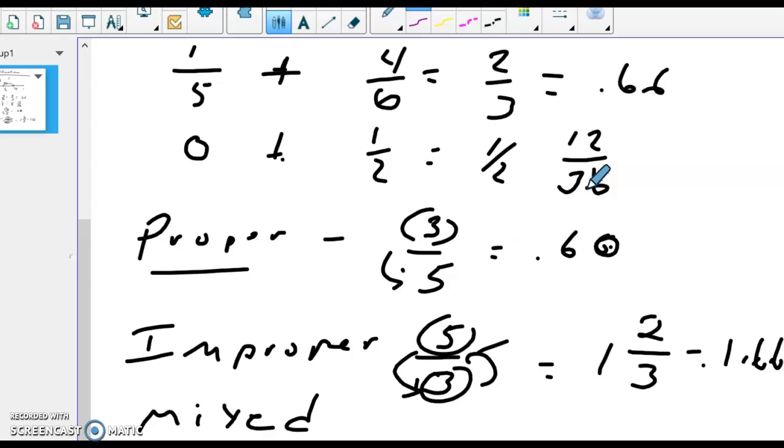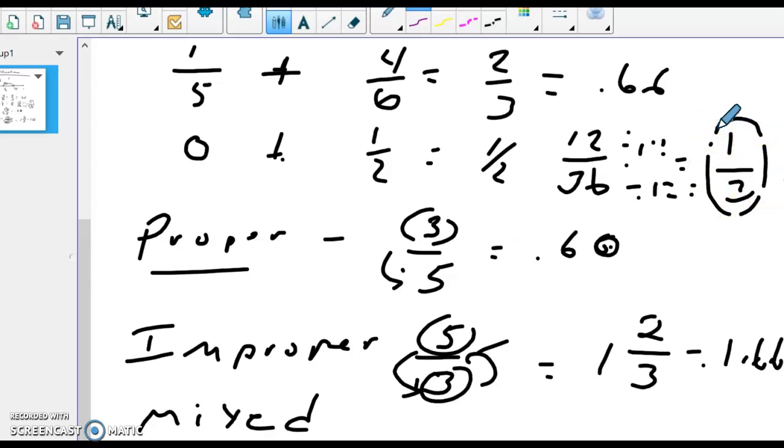You recognize that 12 goes into 12 itself 1 time, and 12 goes into 36 3 times. So you could divide by 12. 12 divided by 12 is 1, and 36 divided by 12 is 3. Sorry for my stylus here, it just is not very good. So 12/36 is equal to 1/3.